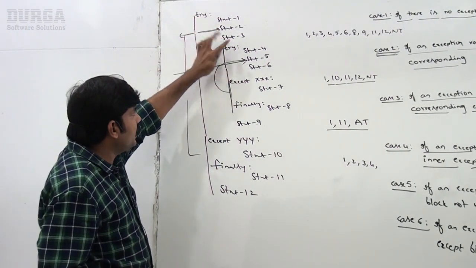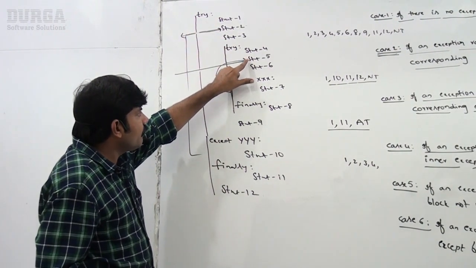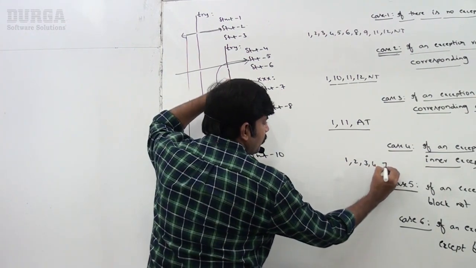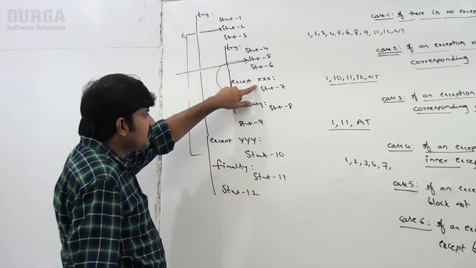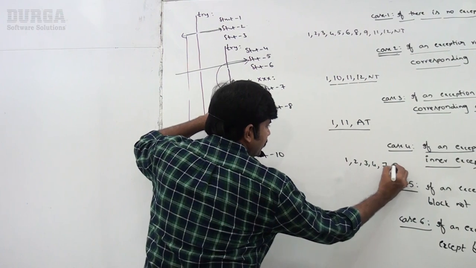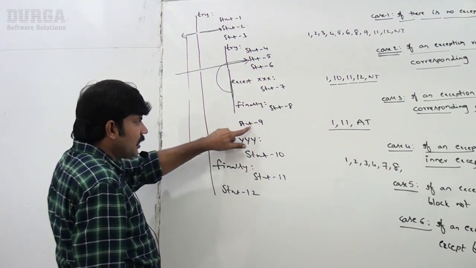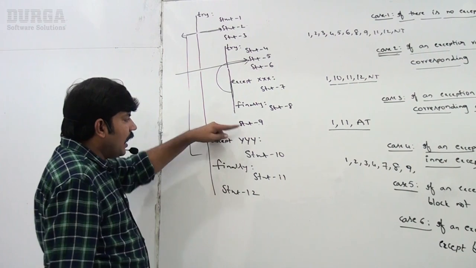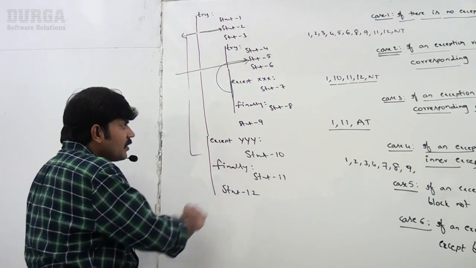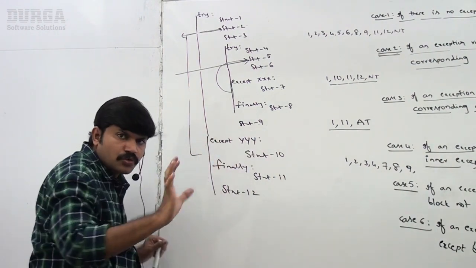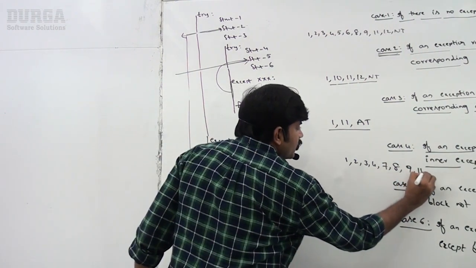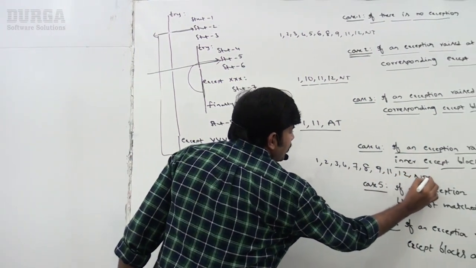1, 2, 3, 4. While executing 5, there is a problem. Immediately the control comes to except block 7, and then finally 8. After that, the normal statement will be continued, 9. And then the outer except block is not going to execute. 11 followed by 12, normal termination.